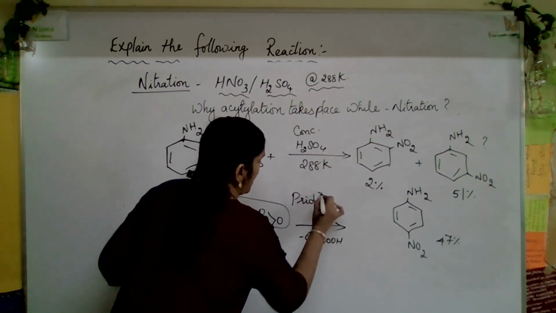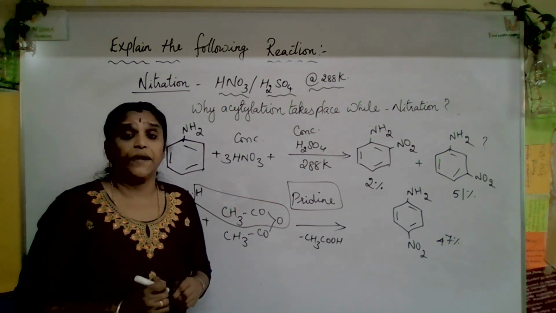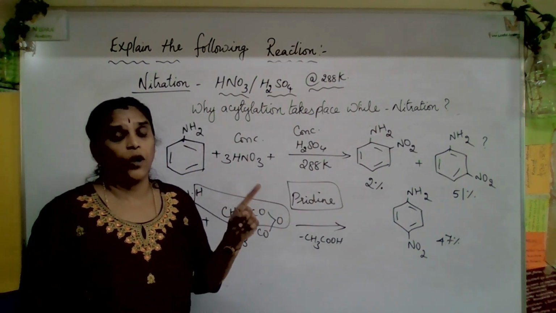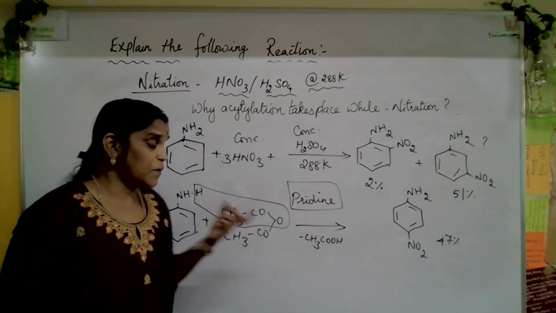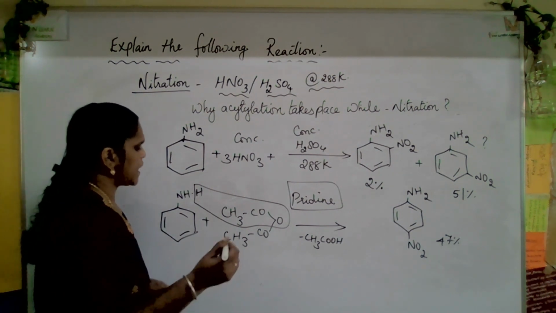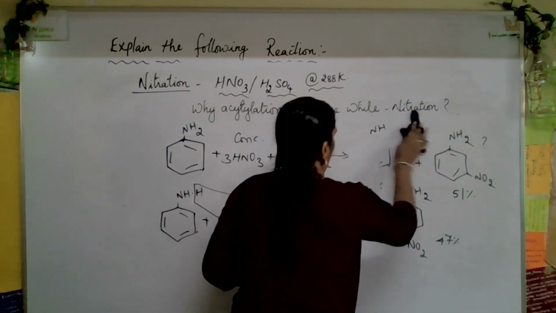That is a very important word. If you are not using pyridine, and instead use aluminum chloride, you will get salt formation. So please remember that. I hope you are clear with that.